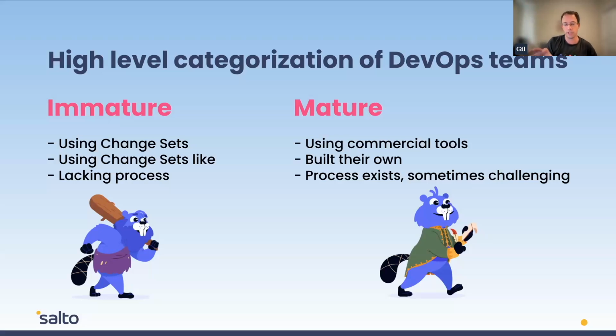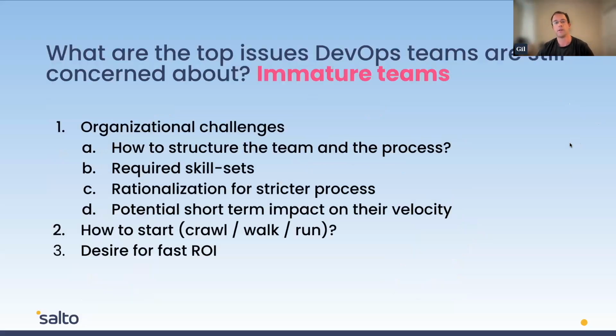Obviously, the set of challenges and the discussions with organizations at different maturity levels, as well as their expectations from DevOps, are very different. Let's dive a little bit deeper and discuss what we saw in those discussions. So what are the top issues DevOps teams are still concerned about with immature teams?